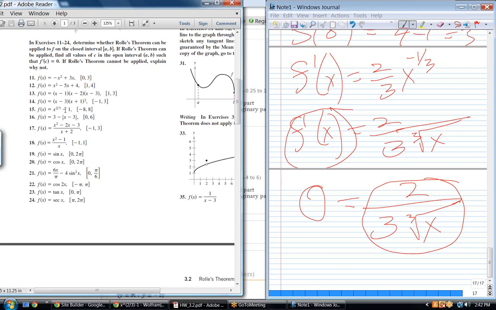So chapter 3, problem 15: not differentiable at x equals 0. That is what it says. So Rolle's theorem cannot be applied.